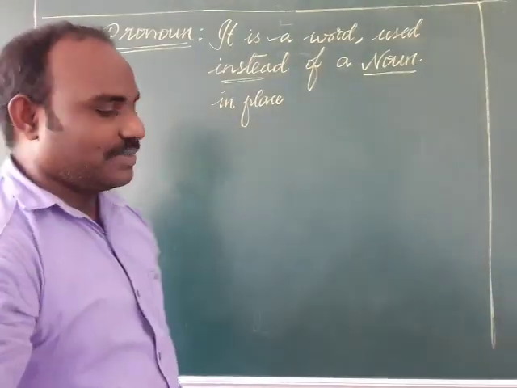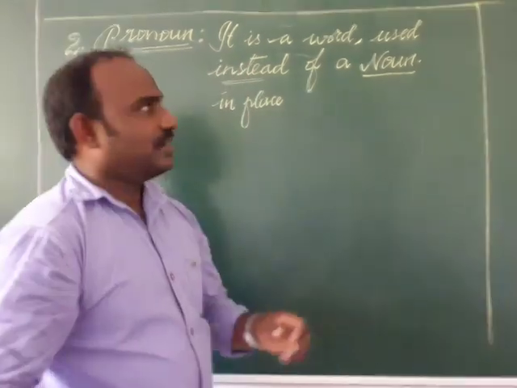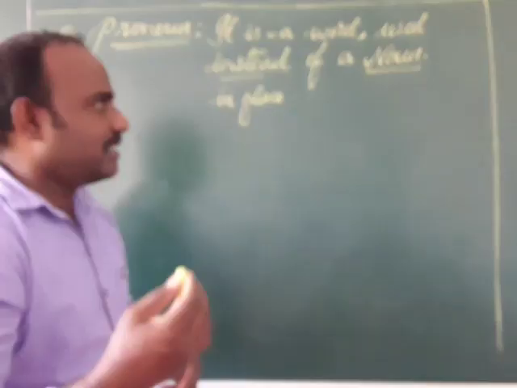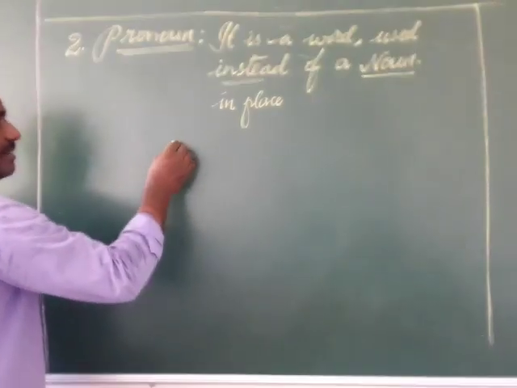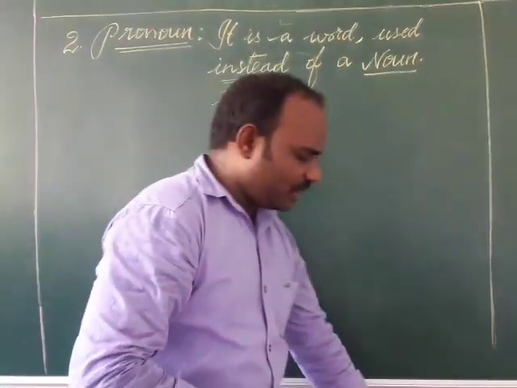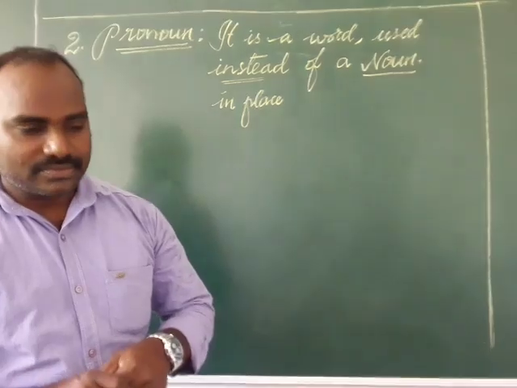So, pronoun is a word, one of the 8 parts of speech, and used instead of a noun in our sentences. Right? And for example, what is the use of a pronoun first of all?